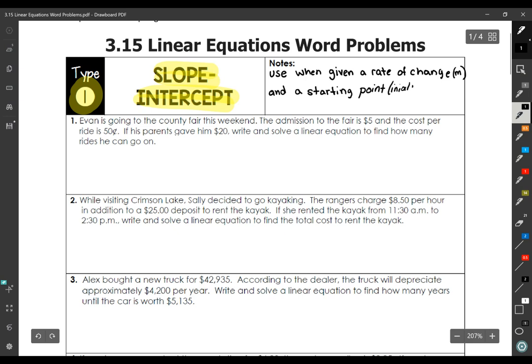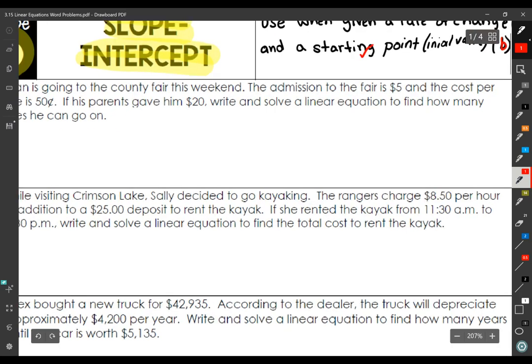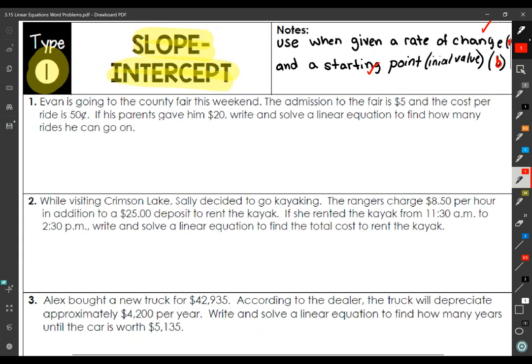Initial value, and remember that is our b. Maybe I'll put those in different colors. We have our m and our b. So we're going to use this strategy whenever the problem gives us a rate of change and the initial value.